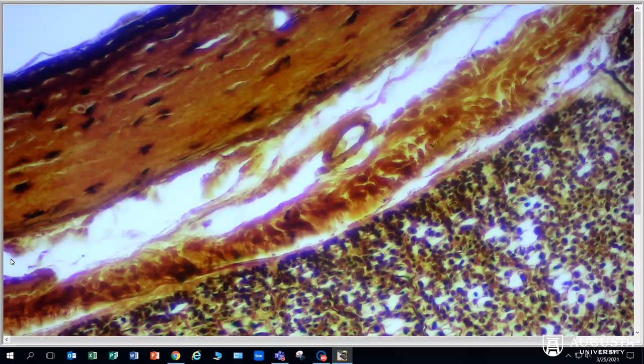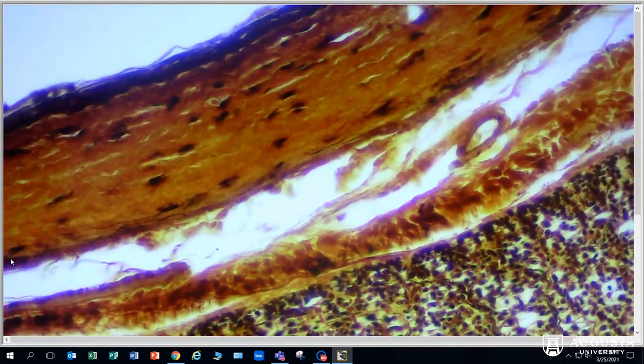The arachnoid mater is named after its spider web-like appearance. So here we can see how strand-like and spider web-like it actually is.